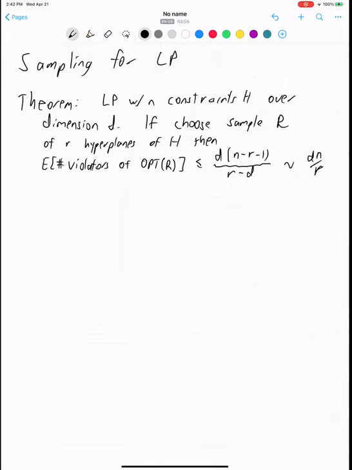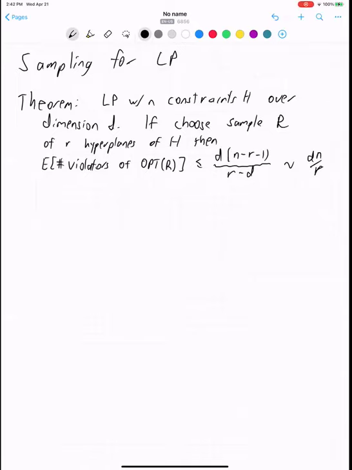And that hyperplane is going to prevent that vertex from being feasible, and is going to prevent it from being the optimum. So whatever vertex we end up with as the optimum of the sample, intuitively at least, it won't be able to violate a large number of hyperplanes.